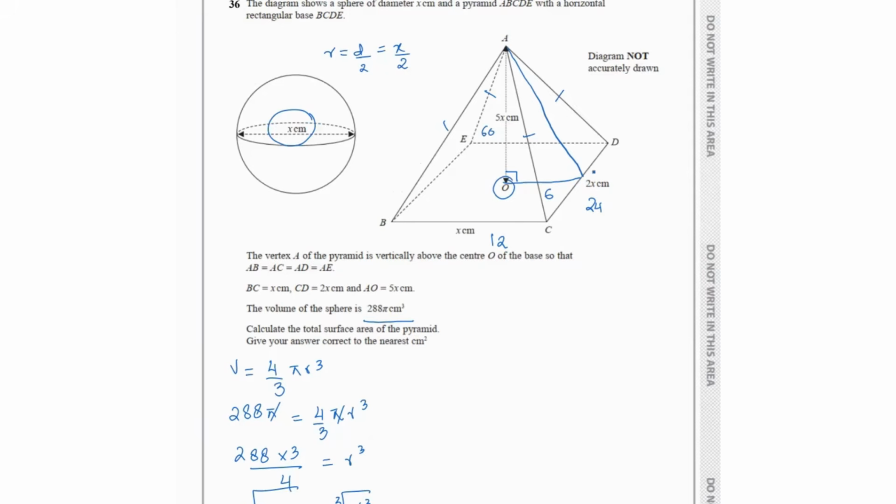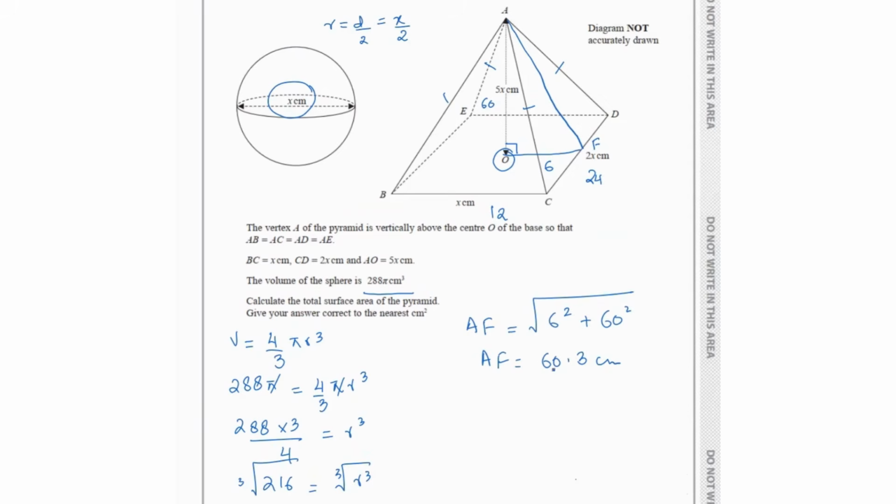If I call this F, AF is going to be square root of 6 square plus 60 square. So that gives us the value of 60.3 centimeters. Now this 60.3 is this one. So this is going to be same for this and this face.